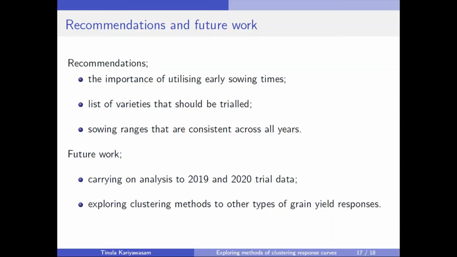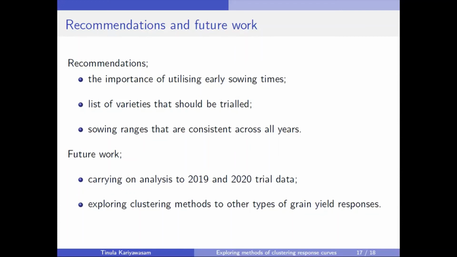Basically, in the industry, they're still looking at middle of July, June, those types of sowing times. They're still scared a bit to look at earlier times of sowing. So with our research, we were able to show, okay, maybe we should be using these April early sowing times as well.